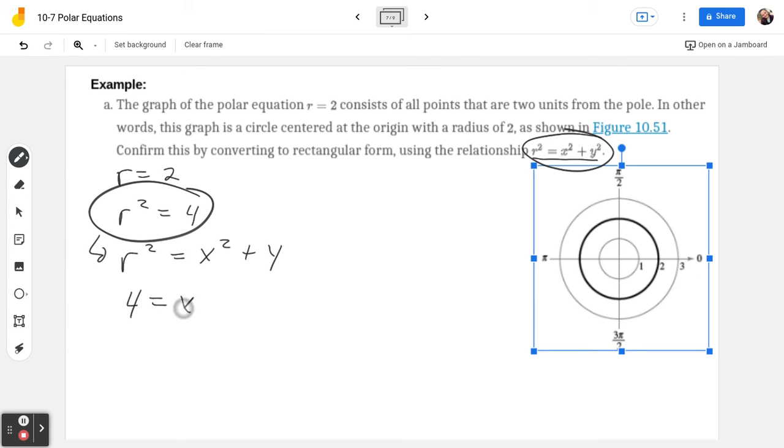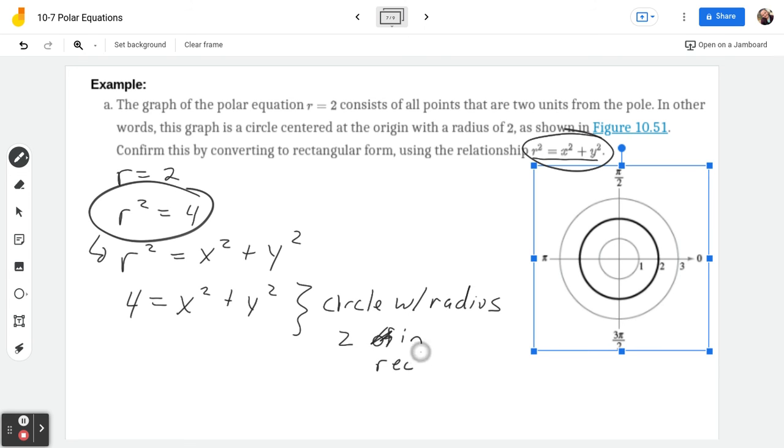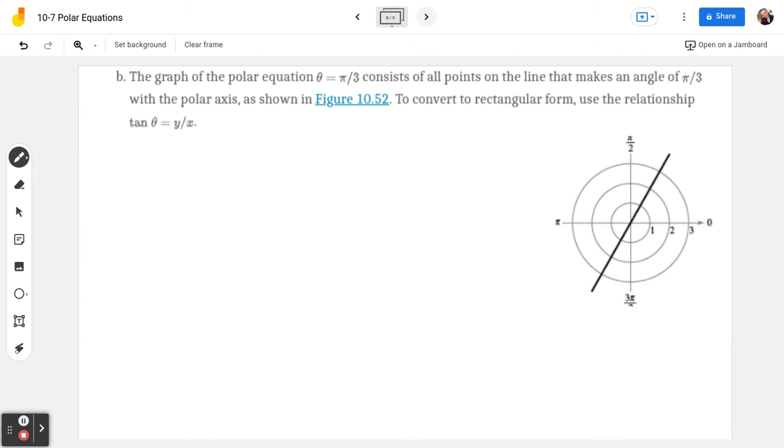So 4 is equal to x squared plus y squared, which is the equation of a circle in rectangular form. So this is a circle with radius 2, if you guys remember back from algebra class, in rectangular form. All right, so we kind of verified that one. All right, let's move on to the next question.